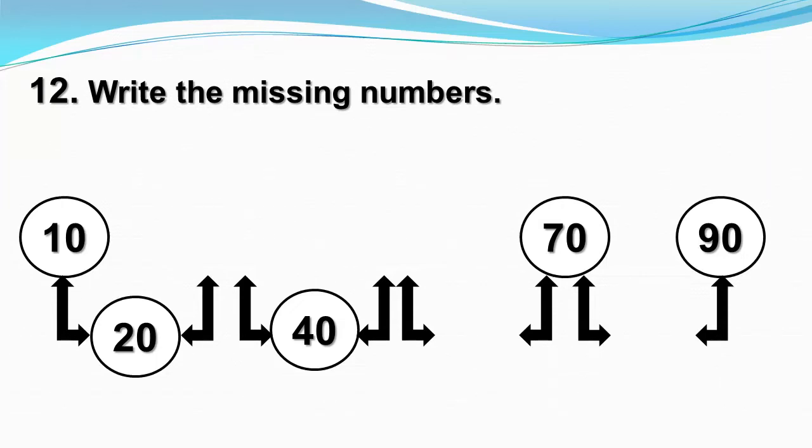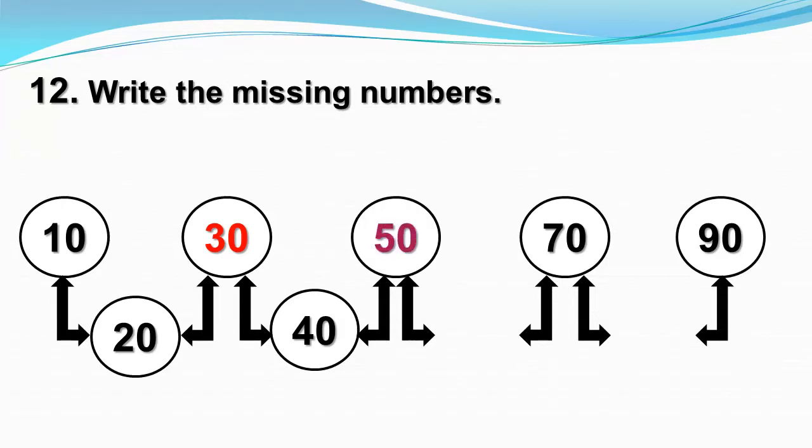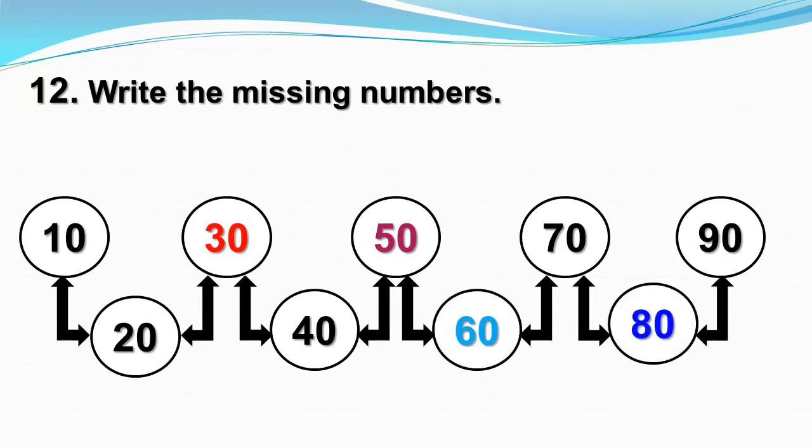And in 20, when we add tens more, then what number will come? Yes, 30. And after 30, what number comes? Yes, 40. Then 50, 60, 70, 80, and then 90.